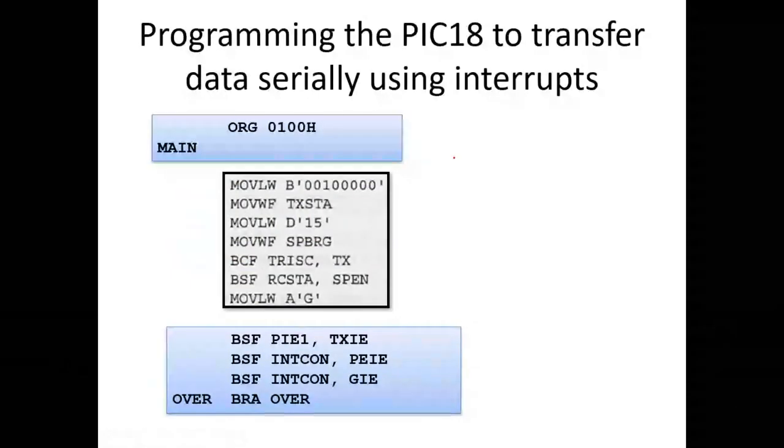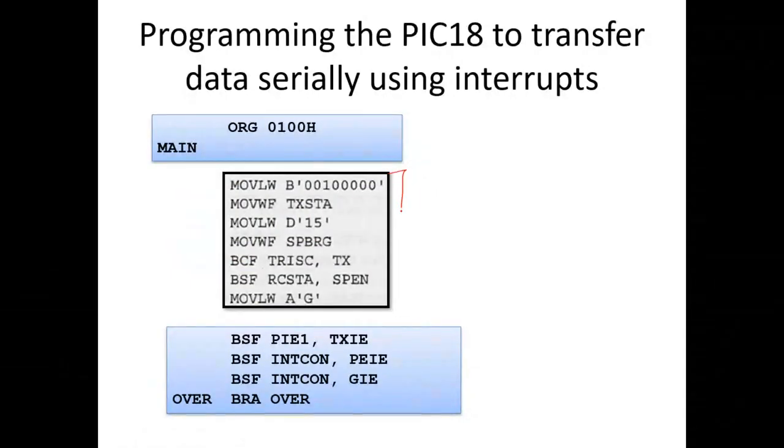Now for the main, we have here the serial port configuration, and you have the enable here. For the enable, we have seen that the TX is a peripheral source of interrupt, so we have to use the TX enable. We have to use the peripheral interrupt enable, PEIE, and we have to enable the global GIE.